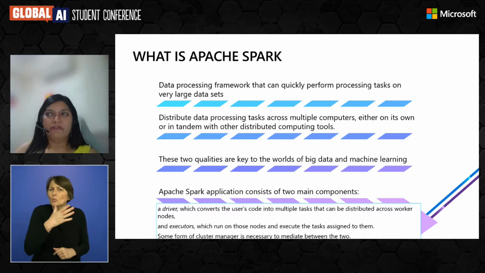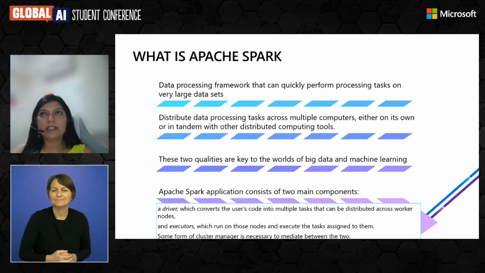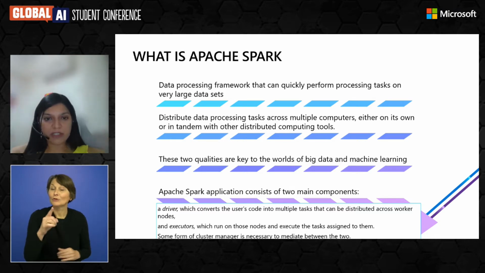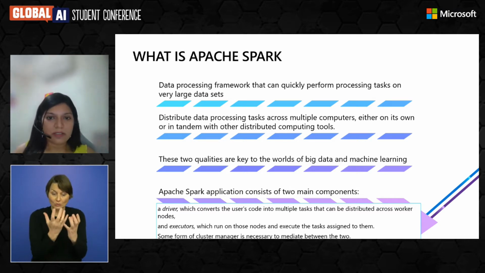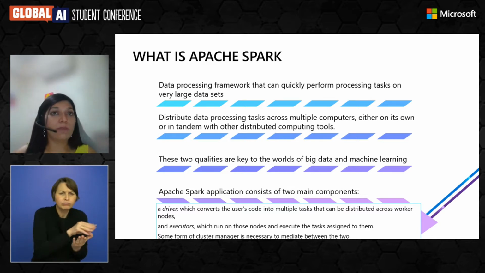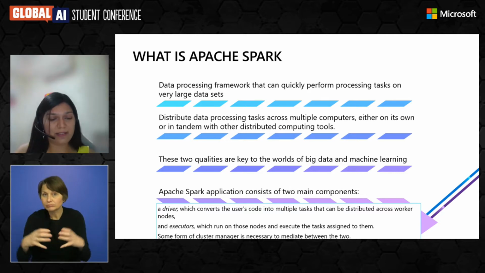Just reiterating, Apache Spark is like a controller which is distributing your workloads quickly across multiple nodes or clusters, which could be geographically distributed, and could be scaled up or scaled down as per the necessity.